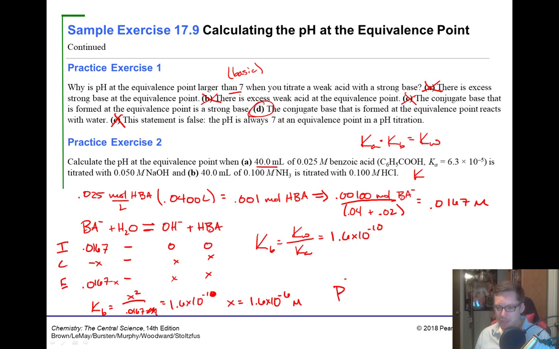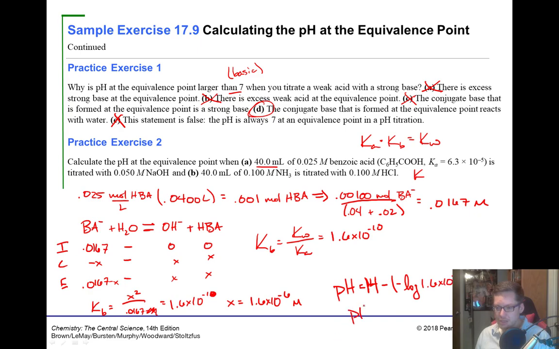So if we want to find the pH, it would be equal to 14, because if we take the negative log of that, that'd be our pOH. So we take 14 minus the negative log of 1.6 times 10 to the minus 6th.